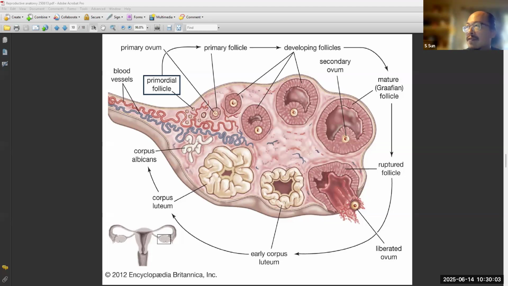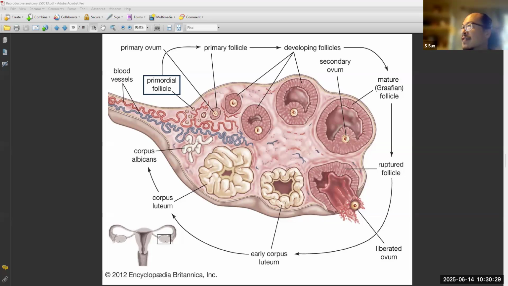So basically you have the very smallest one, called the primordial follicle. Then you can see that they grow bigger right here. Primary follicle, developing follicle, secondary, mature follicle, secondary ovum. Ovum is the oocyte, is the egg, continually developing.